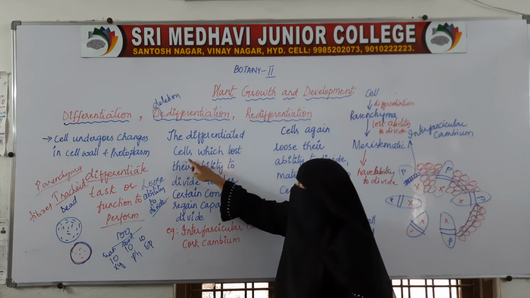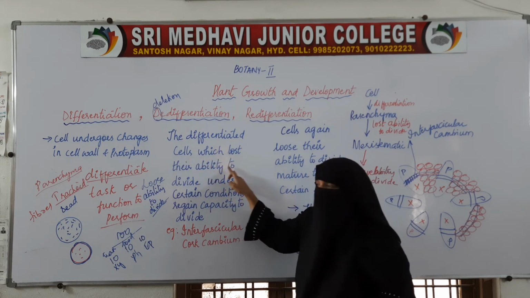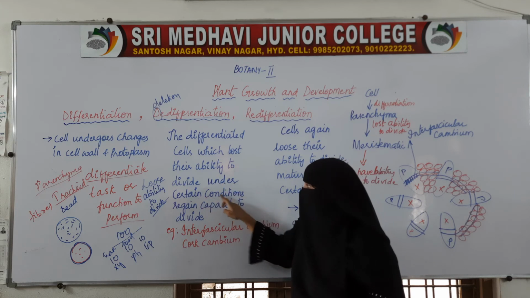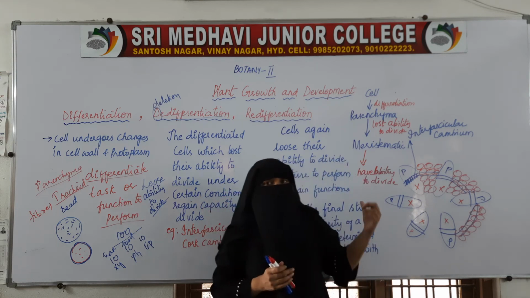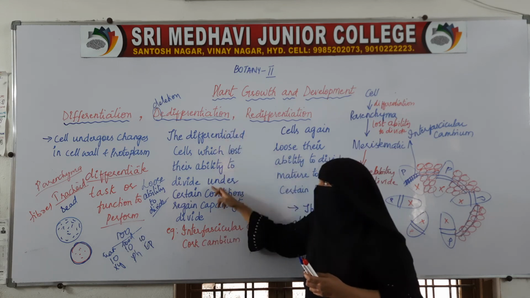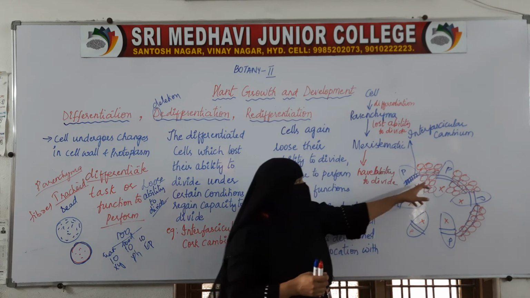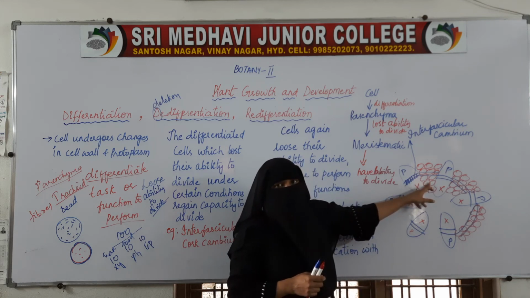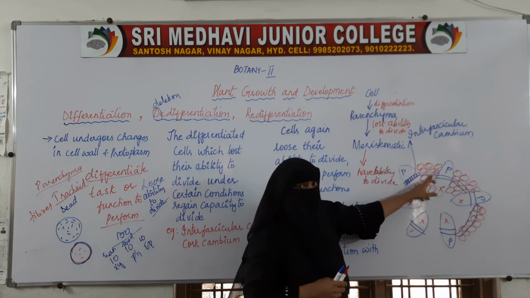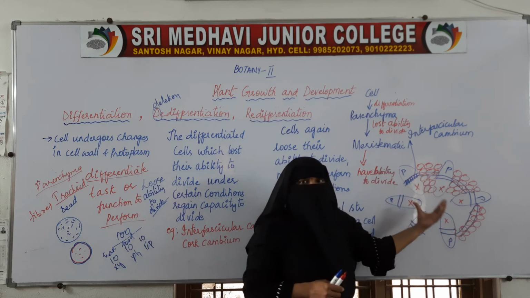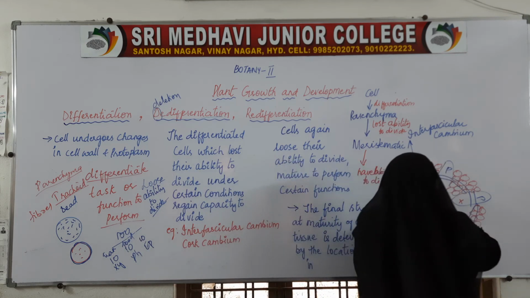So this process, where the differentiated cells which have lost their ability to divide regain the capacity to divide again under certain conditions, is called dedifferentiation. An example of dedifferentiation is the cells in between the xylem and phloem, that is intrafascicular cambium.